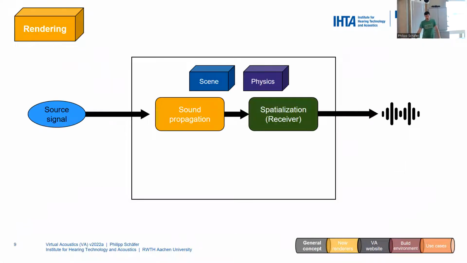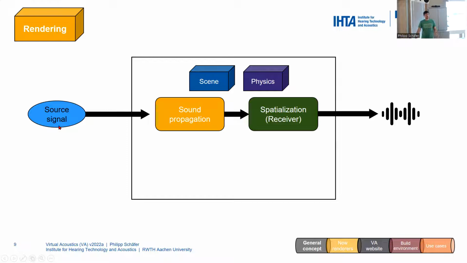Okay, let's move on with the rendering. So as I said, the rendering is always based on such a scene and on physics-based models. And we always start with the aforementioned source signal, or signal source.